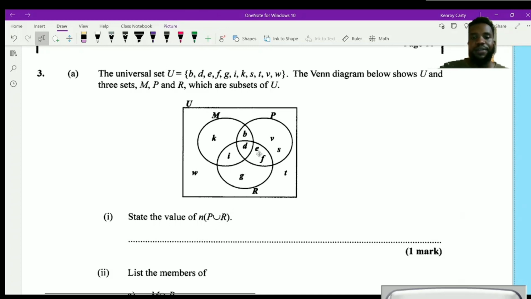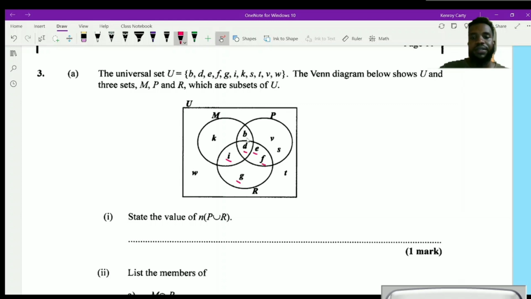So you're looking at P and R. So here's P up here, and here's R. You want to combine all the number of members. In other words, they want to tell you how much you see. So let's look in all of P. Remember, the circle is all of P, so you have 1, 2, 3, 4, 5. Well, this is all of R actually.